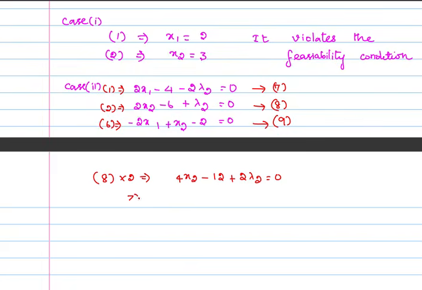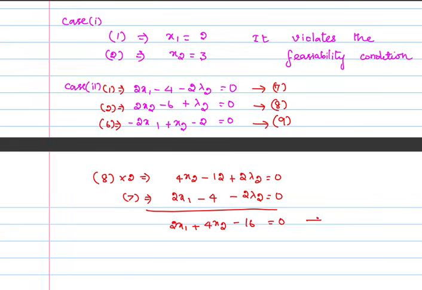The 7th equation as it is: 2x1 minus 4 minus 2 times lambda 2 equal to 0. If you add together, 2x1 plus 4 times x2 minus 16 equal to 0.